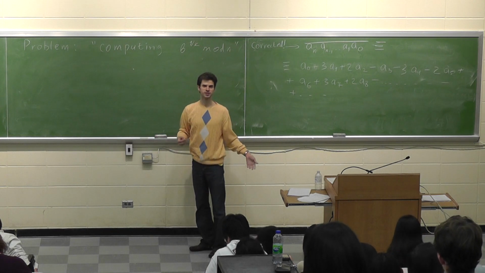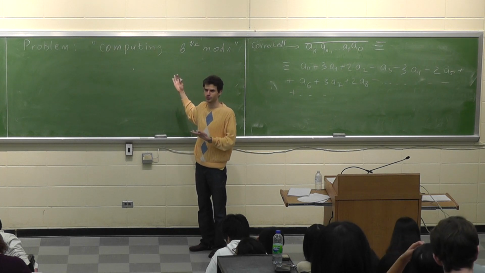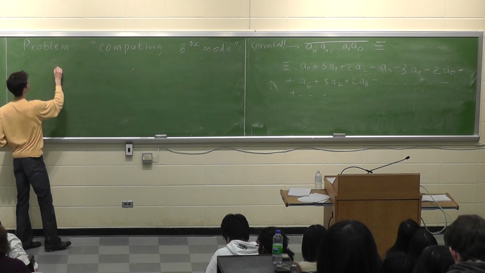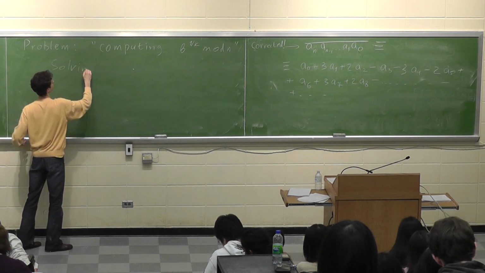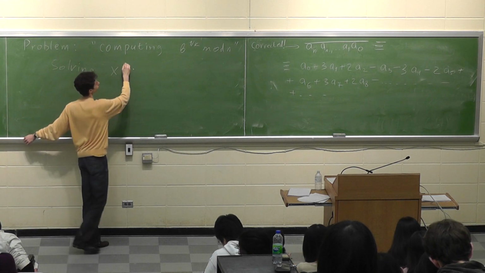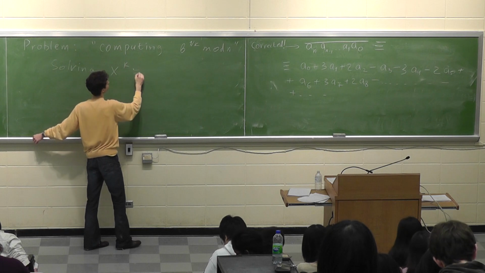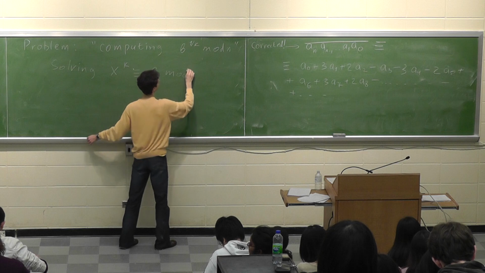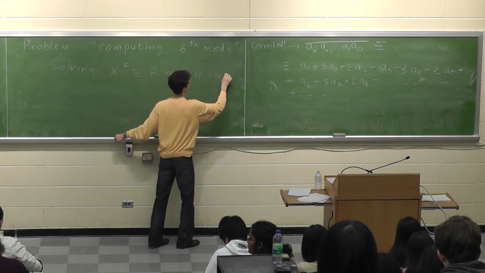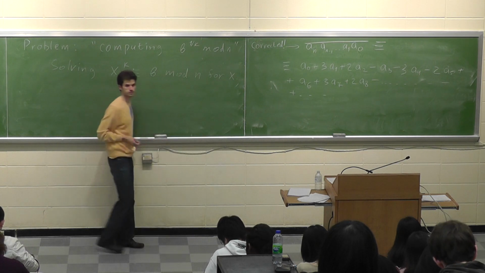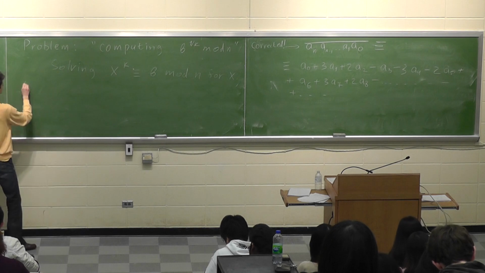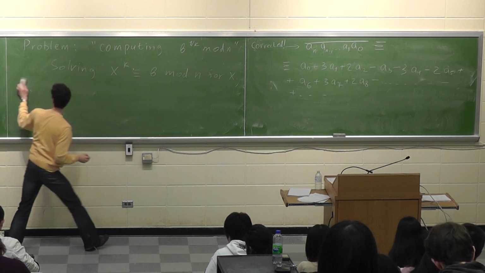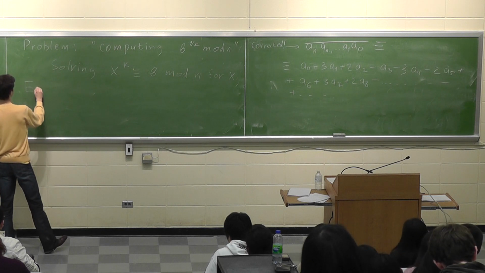That's kind of shorthand for what the problem is. The actual problem is solving the equation x to the power k is congruent to e modulo m for x.